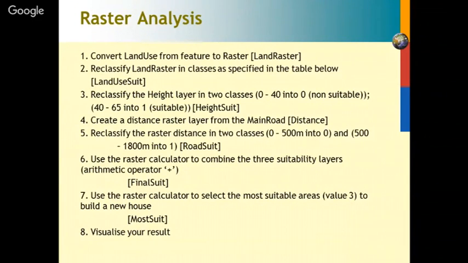For example, ILWIS is one of the GIS tools. Even though the data set is given in vector format, in ILWIS all the vector data has to be converted into a raster format, and then the analysis is carried out.